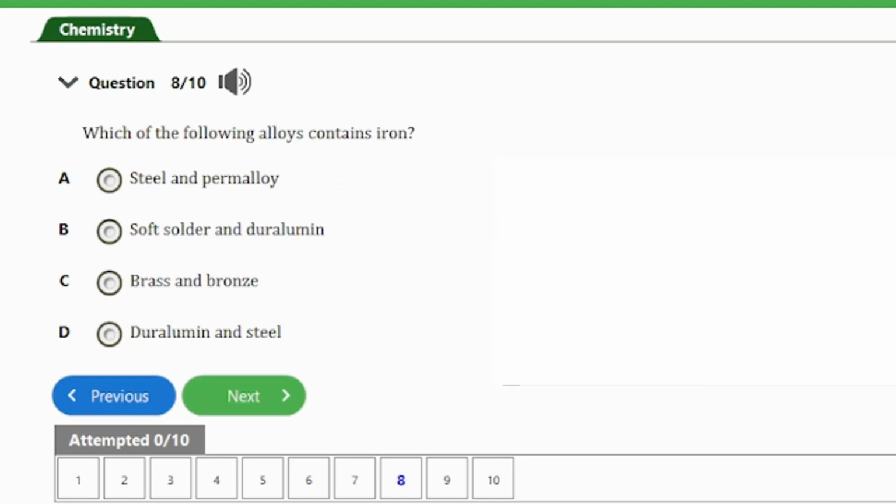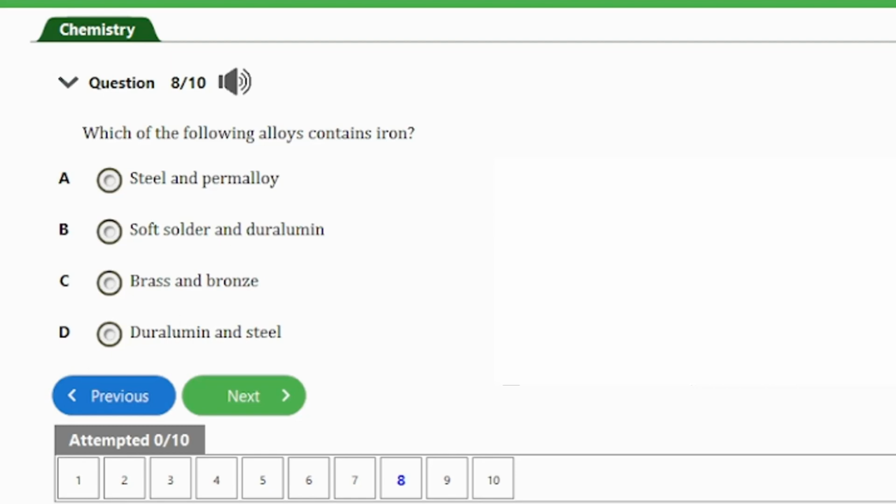Question number 8 here, it says, which of the following alloys contains iron? We have A, steel and permalloy; B, soft solder and duralumin; C, brass and bronze; D, duralumin and steel.